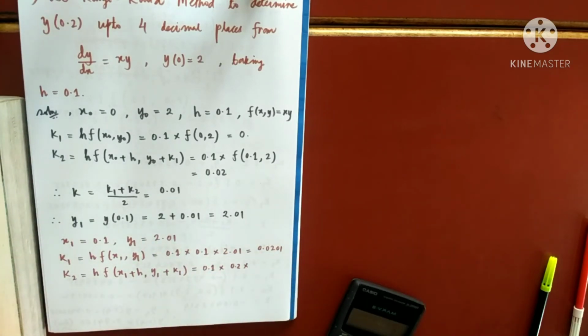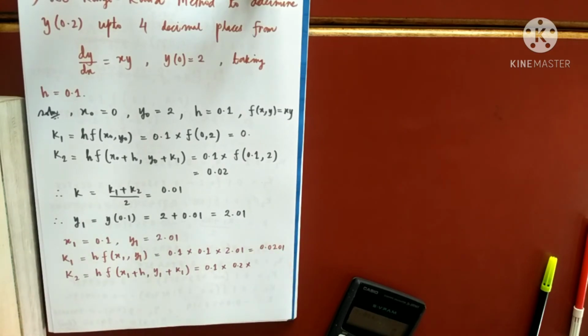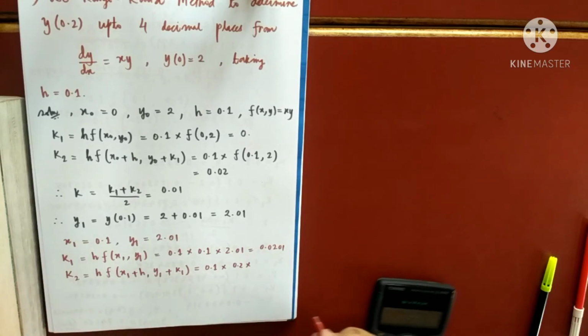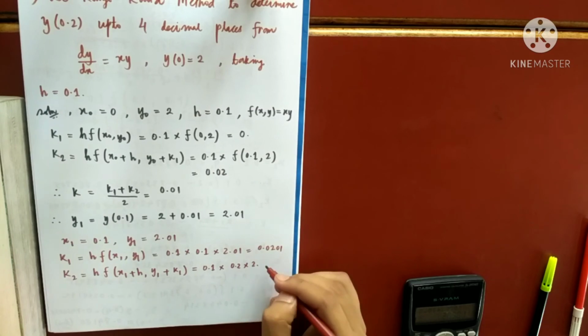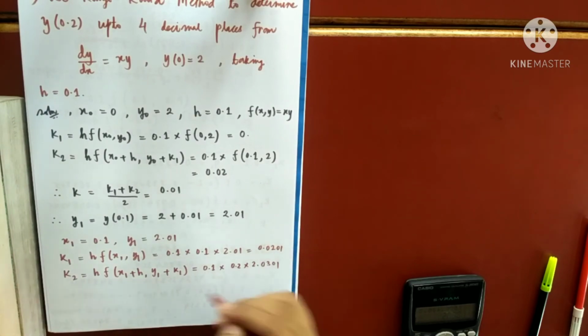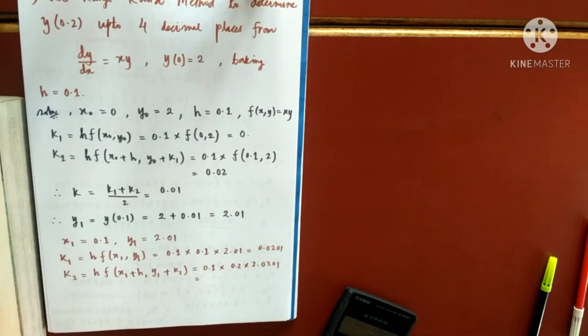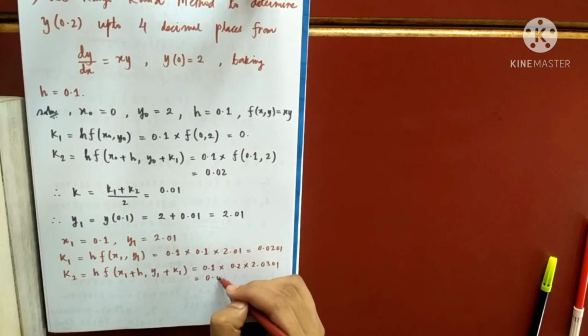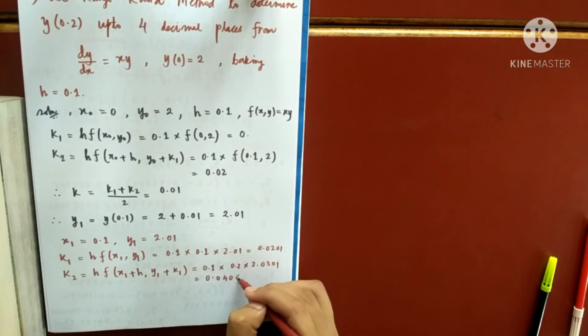Let's add them. 2.01 plus 0.0201 is 2.0301. So let's multiply them into 0.2 into 0.1. It is coming as 0.040602.